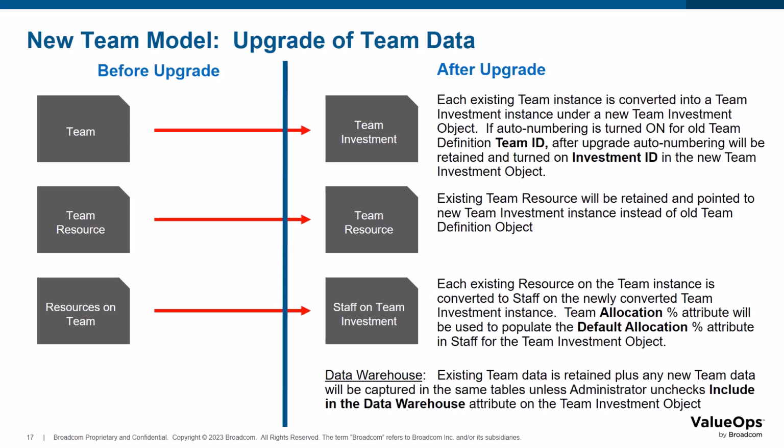So each instance of the team definition will become a new instance for the team investment. If they had auto numbering turned on for the old team definition's team ID attribute, we're still going to retain that auto numbering after upgrade, but it'll be on the investment ID in the new team investment object.